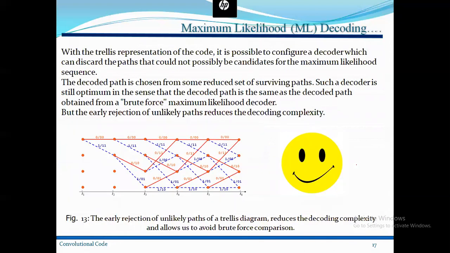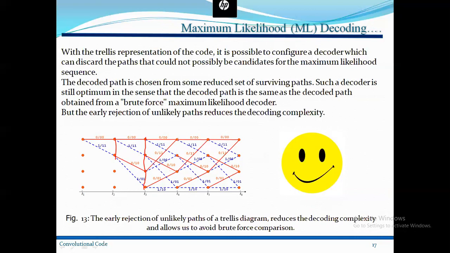So we need maximum likelihood decoding for a trellis structure. In the trellis structure, at time T1 two paths emerge, at time T2 four paths emerge, and from T3 onwards there are 8 paths emerging.